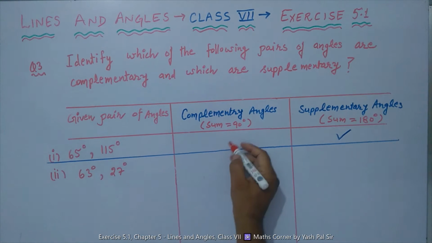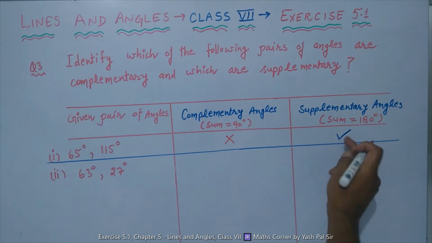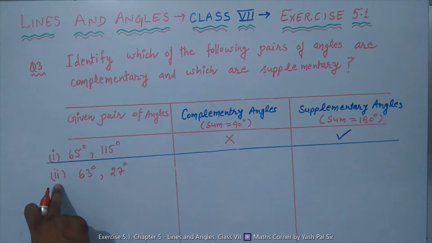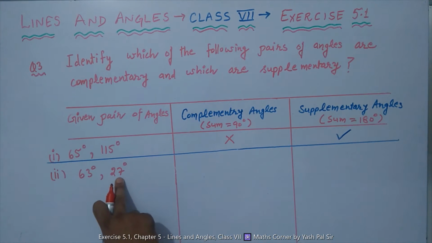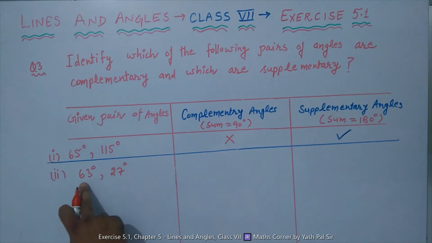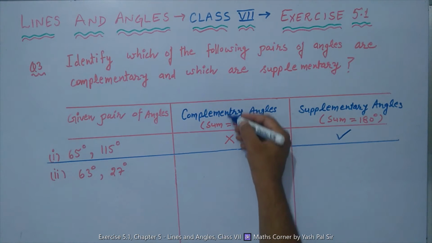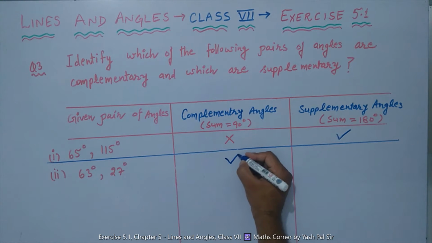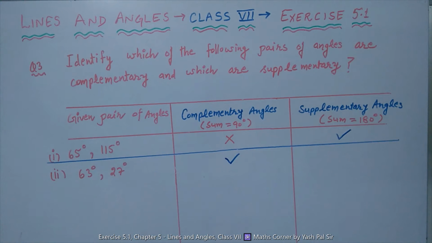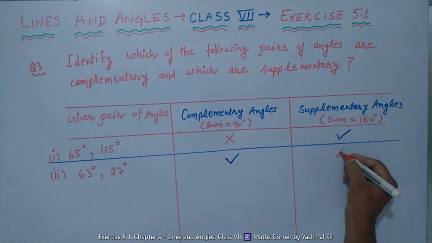So this not complementary but supplementary angle. Second part is 63 degree and 27 degree. Now what is the sum of these two angles? Obviously the sum is equal to 90 degree. If sum is equal to 90 degree, it means these two angles are complementary angles, not supplementary.